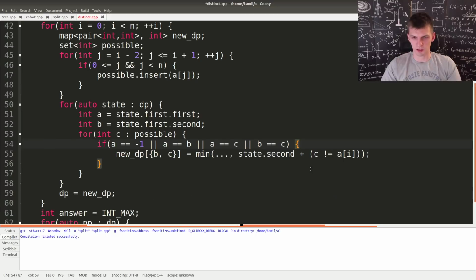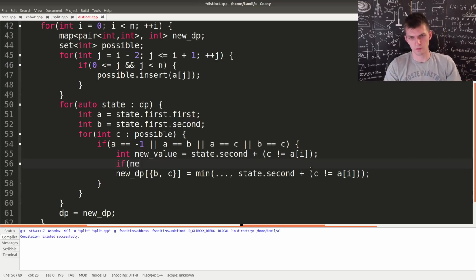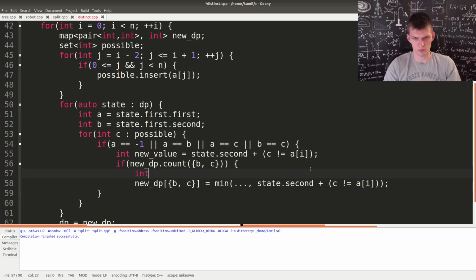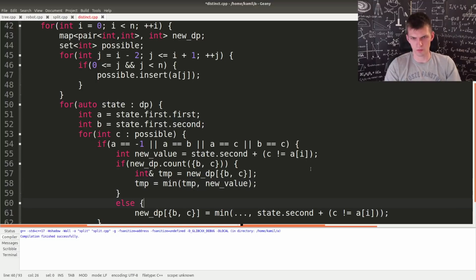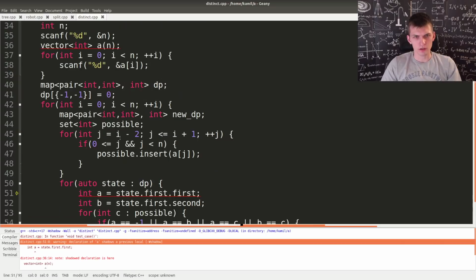Here this is more complicated because we need to say new dp dot count of bc, then this. What's wrong? A is the array.